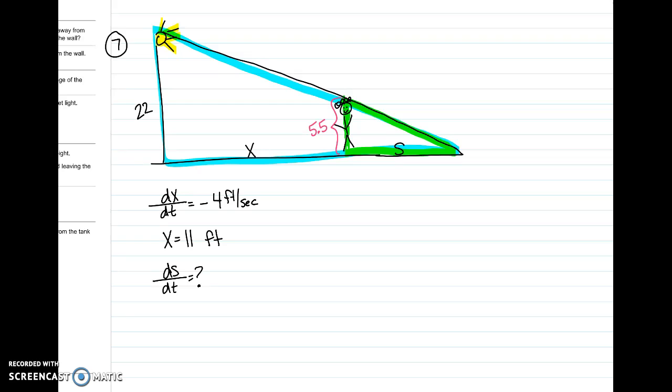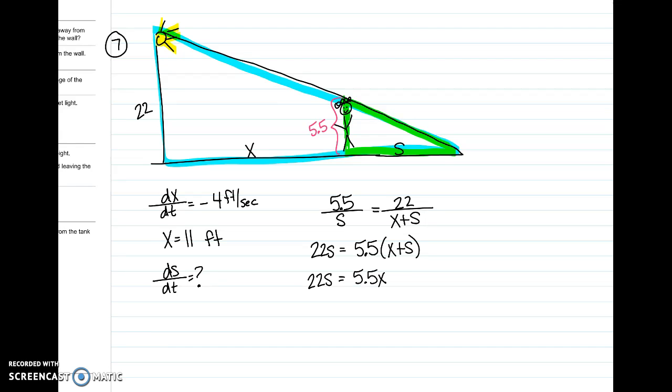Since our blue triangle and our green triangle are similar, we're going to set these up so that we have 5.5 over s equals 22 over x plus s. Then I'm cross multiplying, so 22s equals 5.5 times x plus s, which is 5.5x plus 5.5s.